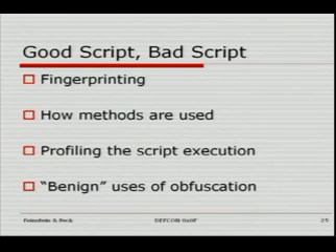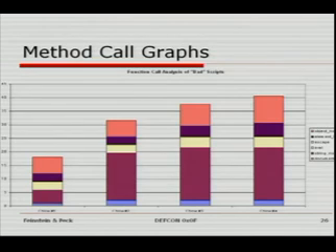And like I said before, we saw some benign uses of these obfuscation and evasion techniques. So this first graph here, I apologize if you can't make out the titles, is 4 samples of malicious JavaScript, monkey chow 1 through 4. Basically, we broke it down into stacked bar graphs based on the frequency of calls that we had hooked in the interpreter. The very bottom of the stacked bar graph in light blue is document write.